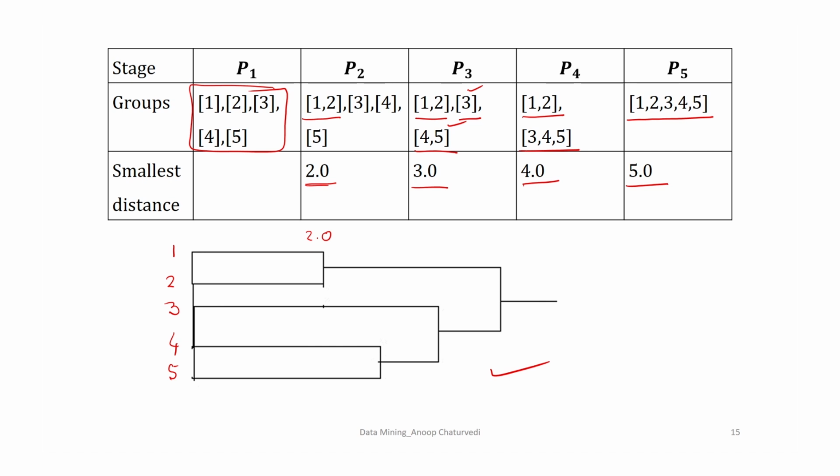Then we merge 4 and 5 at distance 3.0. Then we merge 3 and 4, 5 at distance 4.0, and then at distance 5.0, we merge all the clusters.